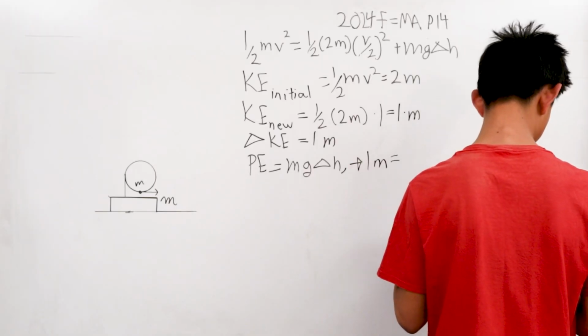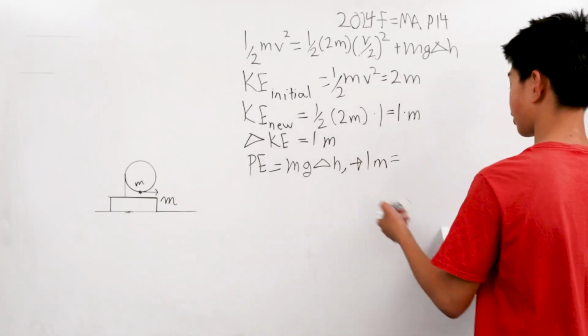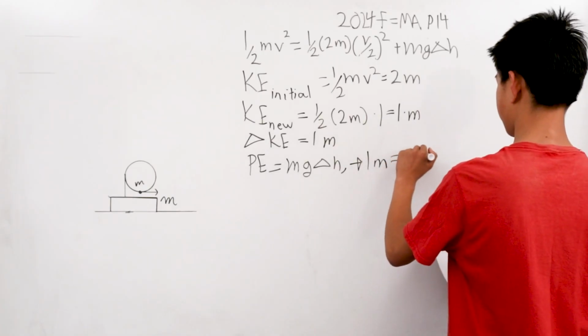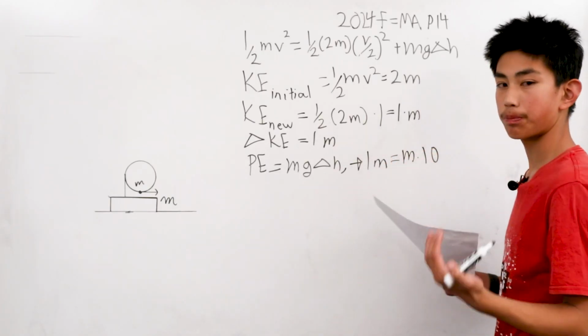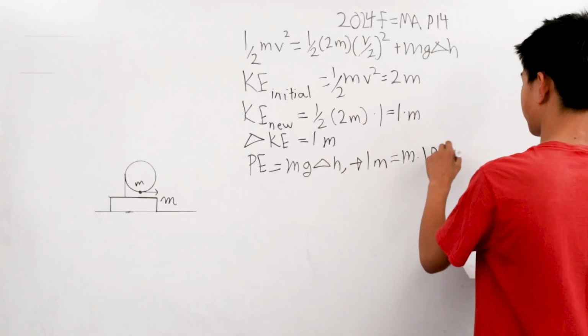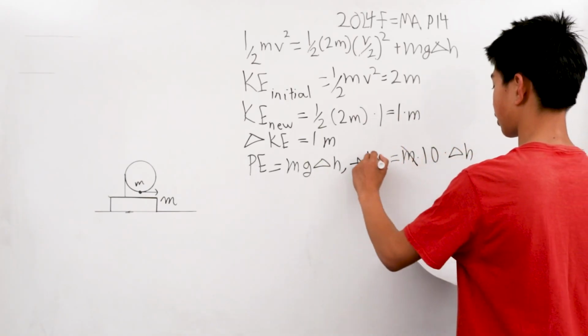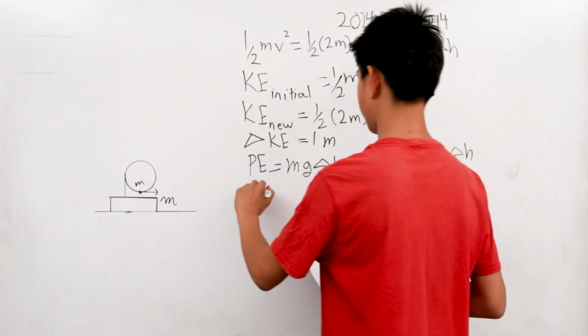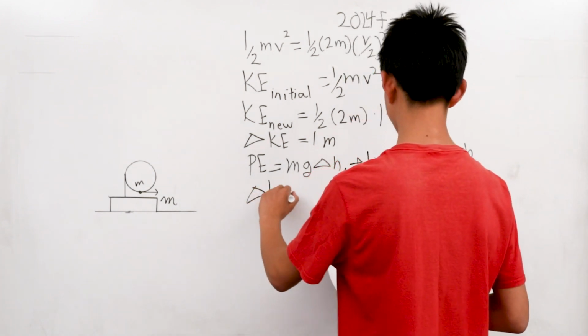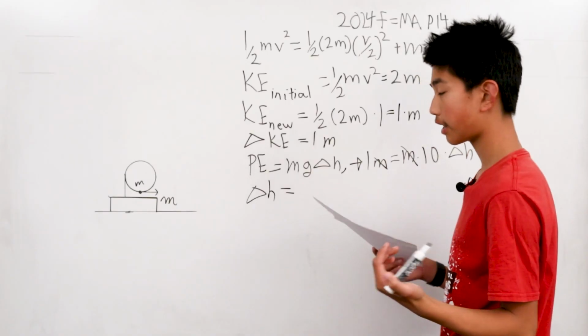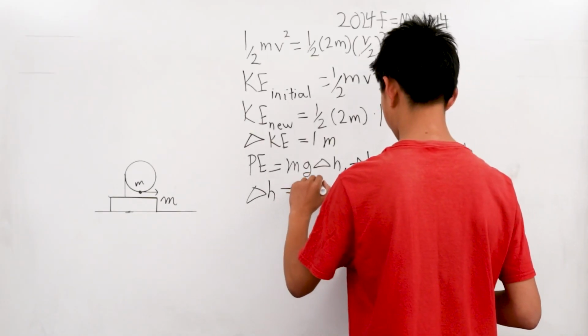Since we know that g is 10, we have m times 10 meters per second squared times delta h. We can cross out the m's and say that delta h is equal to 1/10, or 0.1.